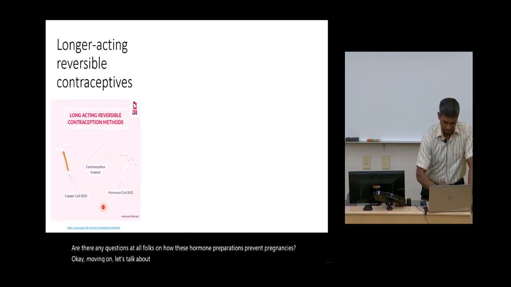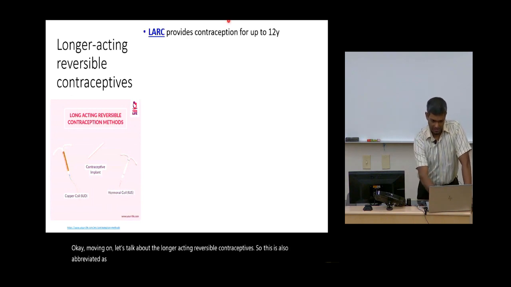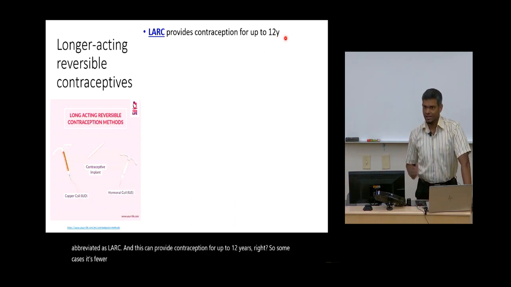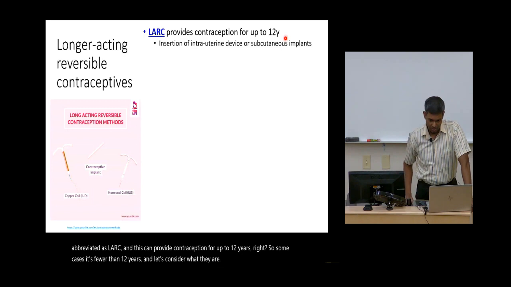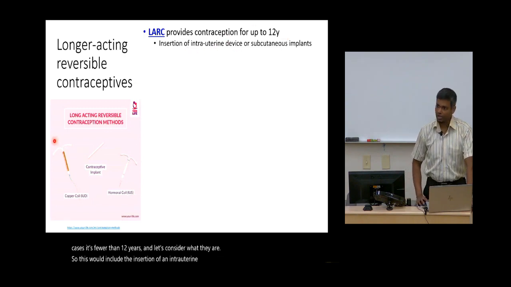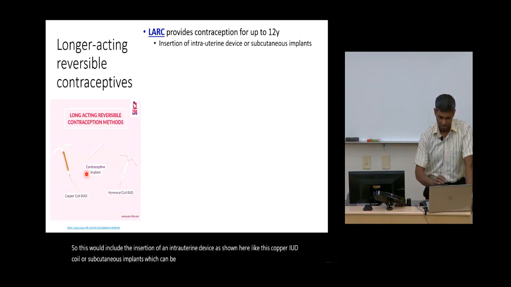Okay, moving on, let's talk about the longer acting reversible contraceptives. This is also abbreviated as LARC, and this can provide contraception for up to 12 years, right? In some cases it's fewer than 12 years, and let's consider what they are. This would include the insertion of an intrauterine device, as shown here, like this copper IUD coil, or subcutaneous implants which can be implanted.